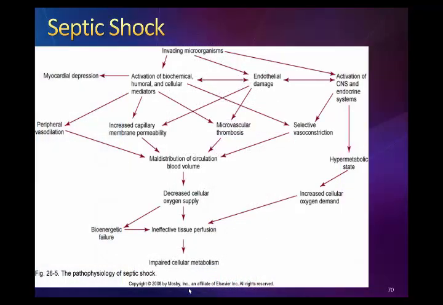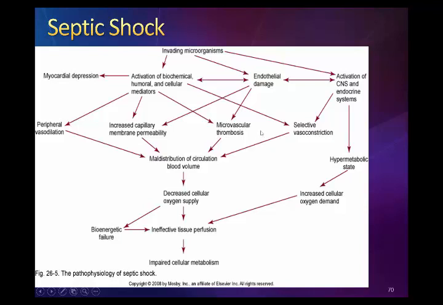So all of this, tissue hypoxia, apoptosis, so all of that's going on and will lead to multi-organ dysfunction. Here's another picture like the others that we have, and this one's much busier because there's a lot more pathophysiology going on. So you can see the myocardial depressant we already talked about. We talked about the endothelial damage, activation of the central nervous system and endocrine. So we're hypermetabolic here, impaired cellular oxygen demand.